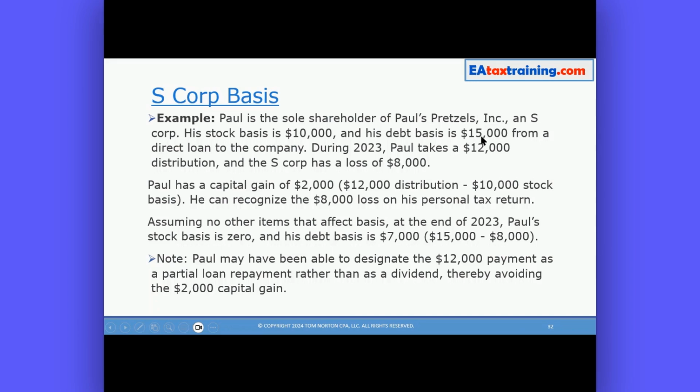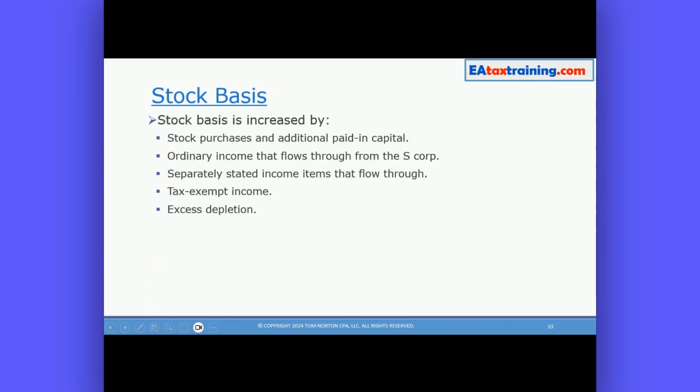There'd still be $3,000 of the loan left, but $12,000 of it would be paid off. And if he had done that, he could have avoided this $2,000 capital gain, and he still could have taken the $8,000 of losses. But for purposes of our example, in order to show you how this works, Paul did not do that. He took the $12,000 as a dividend, and so this was the result.